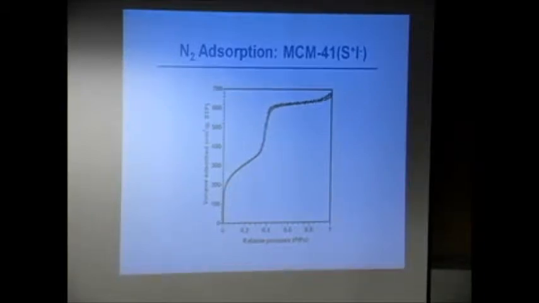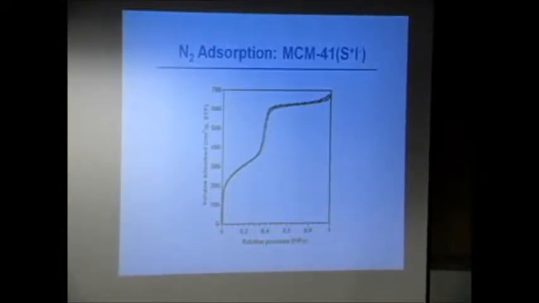But by keeping the partial pressure below atmospheric, you have partial pressures over this entire range, 0 to 1. So what is happening here is we outgas the pores so that they're empty, basically, of water and any other adsorbed species. And now we start letting nitrogen in and slowly build up the pressure.